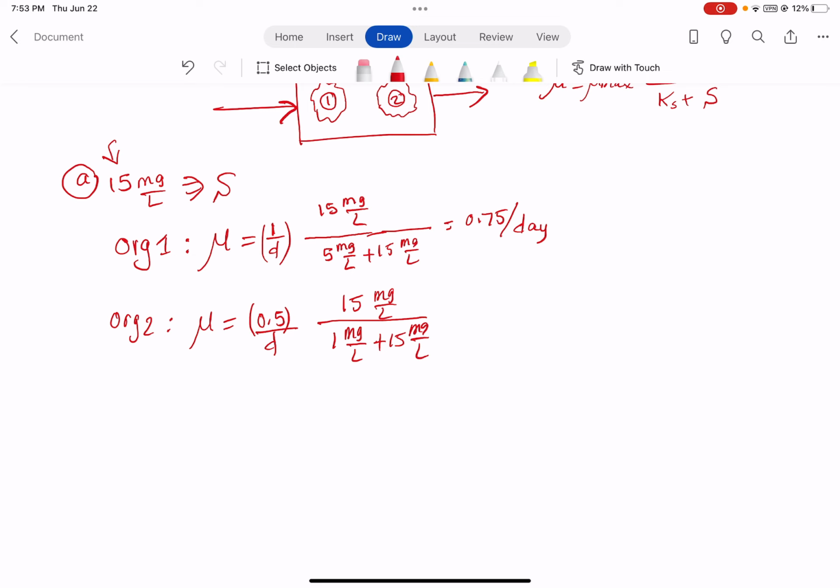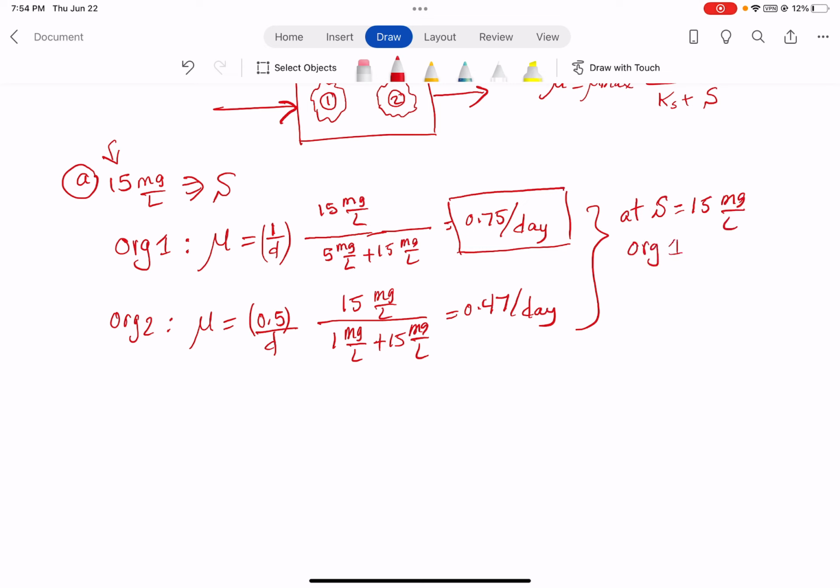So now 15 over 16 times 0.5, and this answer would be 0.47 per day. Now you can see that organism 1 will be dominant at a substrate concentration of 15 milligram per liter. So our conclusion, at substrate 15 milligram per liter, organism 1 will be dominant.